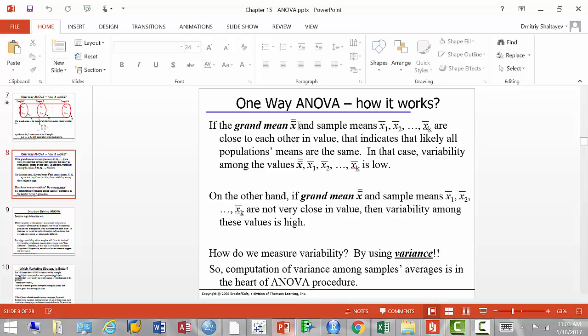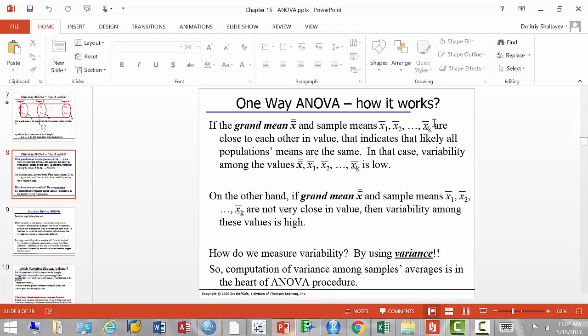Well, I can find the difference, right? Distance. x1 bar minus x bar bar. And then I square it, because distance can be positive or negative, right? How far away is my x2 bar, sample 2 average, from the grand mean? Same thing. I'm going to take the difference, x2 bar minus x bar bar, and square the distance, right? And I do the same thing for every single sample that I have.